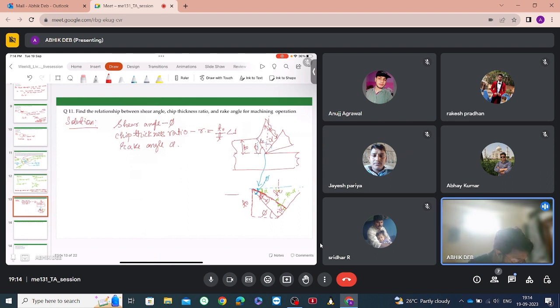So after getting the angles, what do we get the final diagram to be? Okay, this is 90, this is 90, this is T naught, this is TC, this is LS, this is phi, and this is phi minus alpha. Okay, so if we write T naught in terms of LS, what do we get? T naught is LS sine phi.